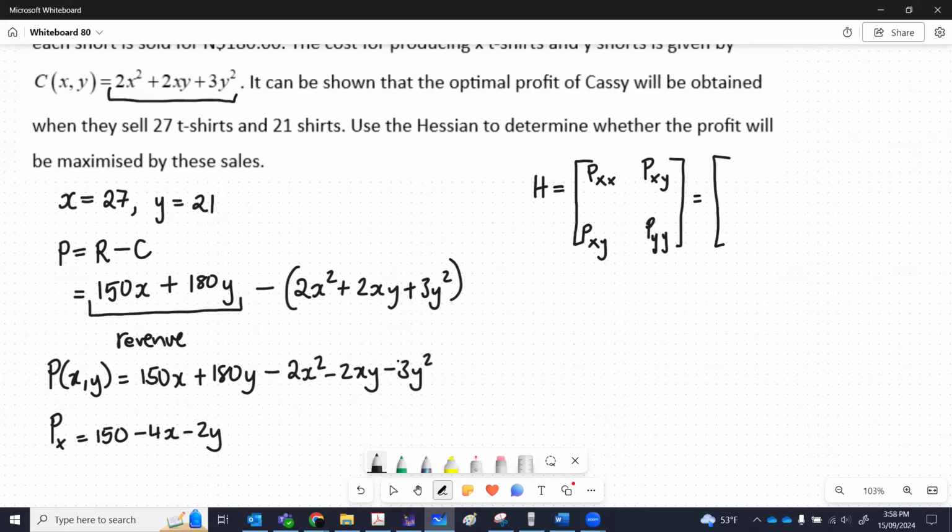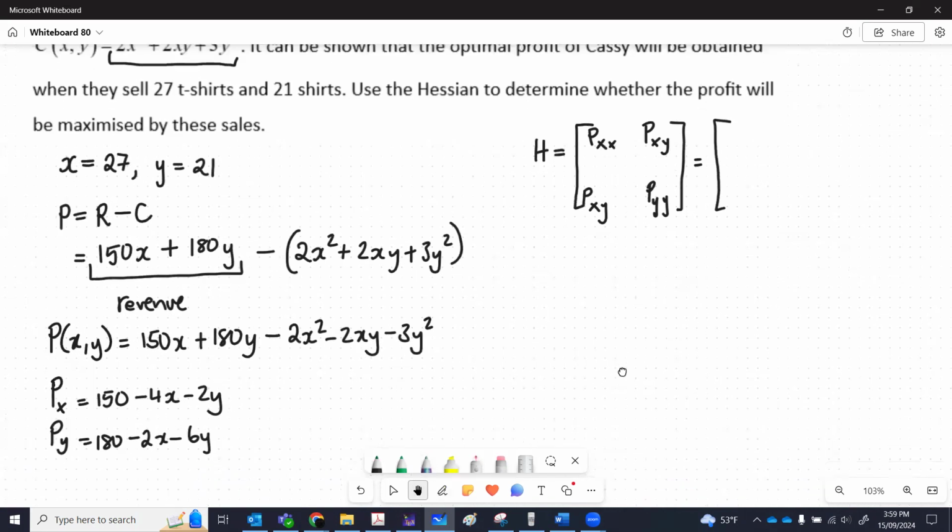And the derivative here is 0 because it doesn't have an x. Then Py, the derivative here is 0 because there's no y. The derivative here is 180. The derivative is 0 because it doesn't have a y. The derivative here is minus 2x. And the derivative here is minus 6y. Okay, so those are first order partial derivatives.